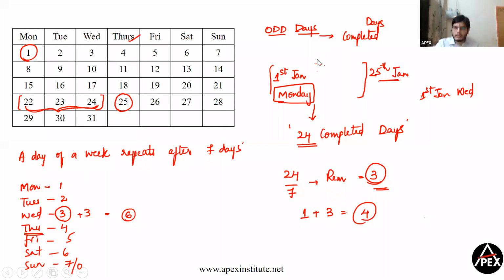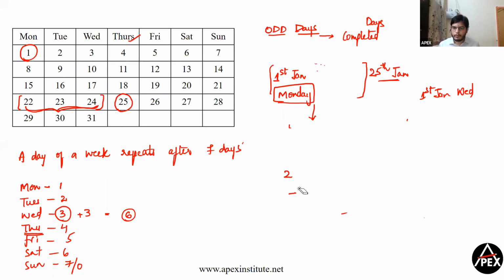If the 1st is Wednesday, then you want me to solve this question? Guys, the concept remains the same. If 1st of January is Wednesday and we need to determine 25th Jan, you will have 24 completed days. Now we need to find the number of odd days in these 24 days. Divide by 7 and find the remainder.